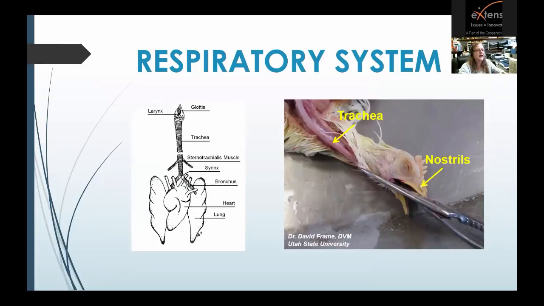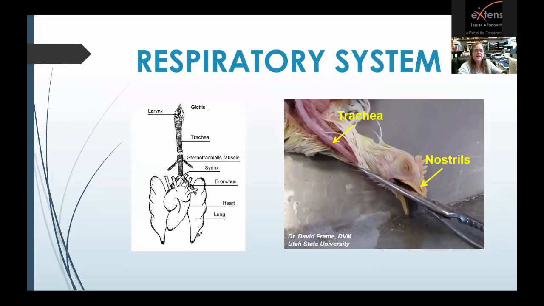Chickens do not have an epiglottis, which we have, and they have no vocal cords. The function of the larynx is solely to make sure food does not get sent down the windpipe when the chick swallows. The trachea is composed of tightly stacked cartilage rings.